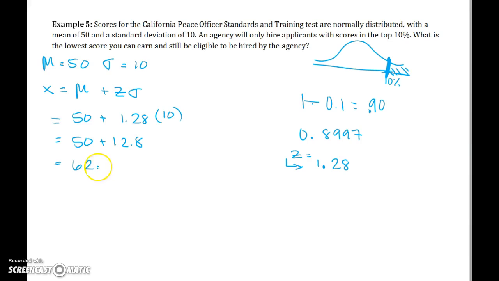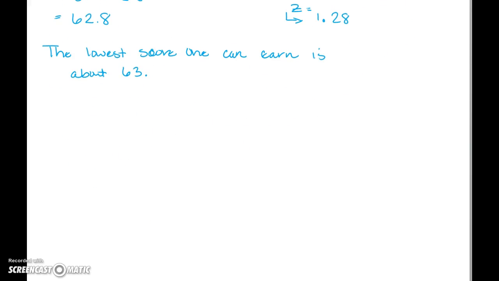So 62.8. So what's the lowest score? Let's assume that they only give whole numbers here. The lowest, just to be on the safe side, would be about 63. So there's your sentence.